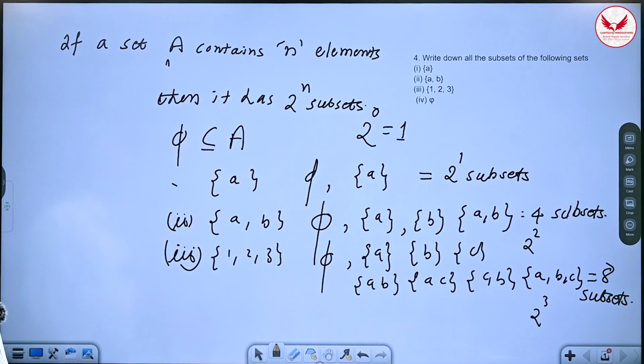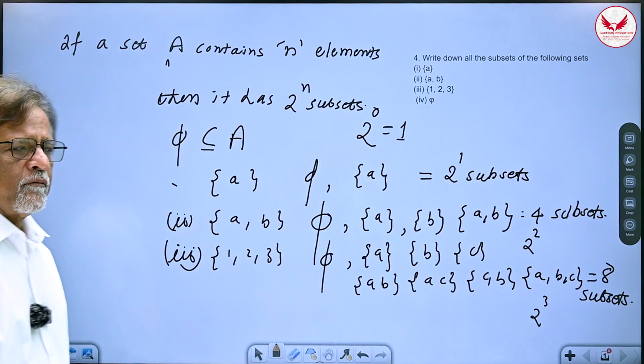Correct? So this statement has to be observed. Okay? So that is the lesson that we learn from this particular problem.